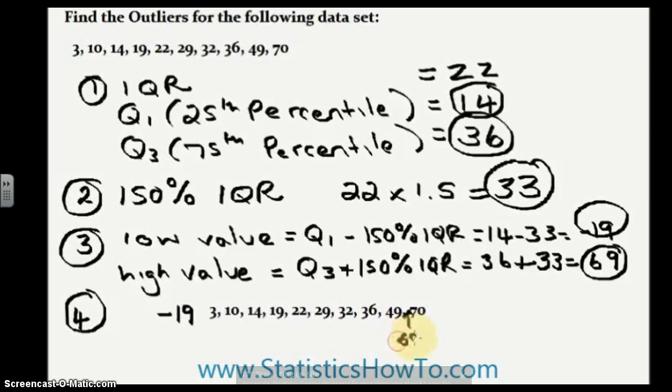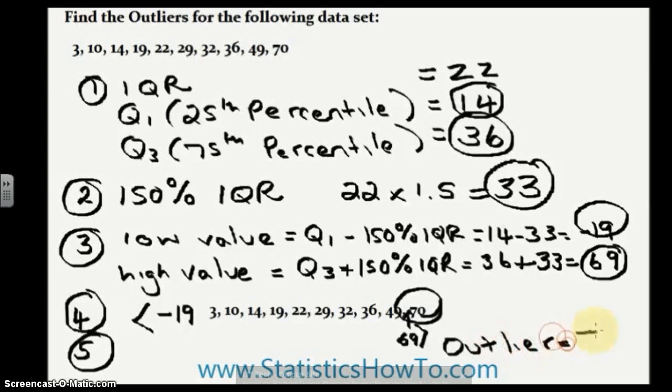So I'll insert 69 into there. The final step, I'm going to look for numbers that are below this number and above this number. Well, there are no numbers below minus 19, but there is one number above 69, and that is 70. So there is my outlier. My outlier is 70.